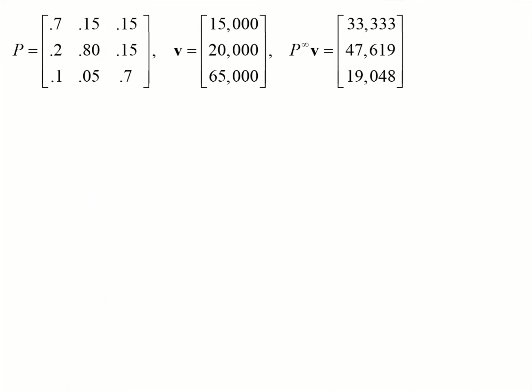So there's your stochastic matrix, here's your state matrix. I'm recalling it, but I'm renaming it V instead of X. And then here's P infinity V. So there's the limit. How do we get this limit? How do we get P infinity V?